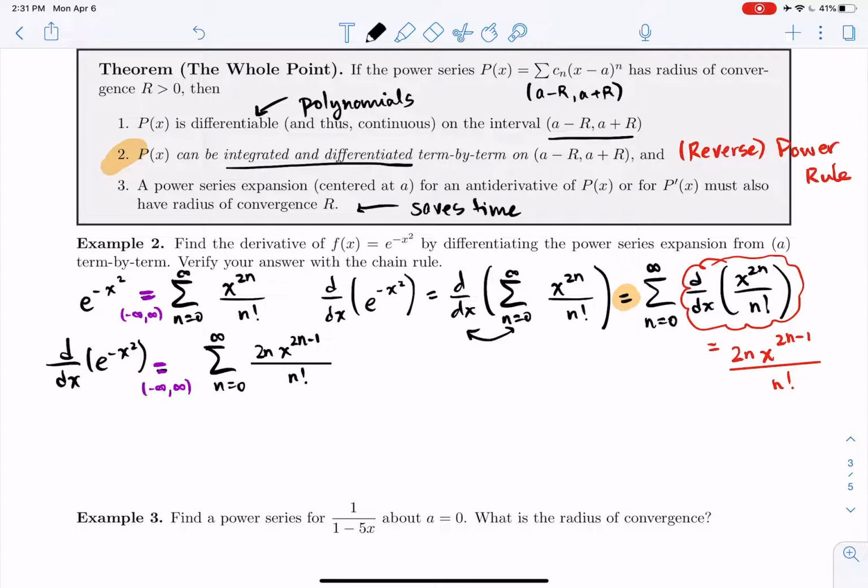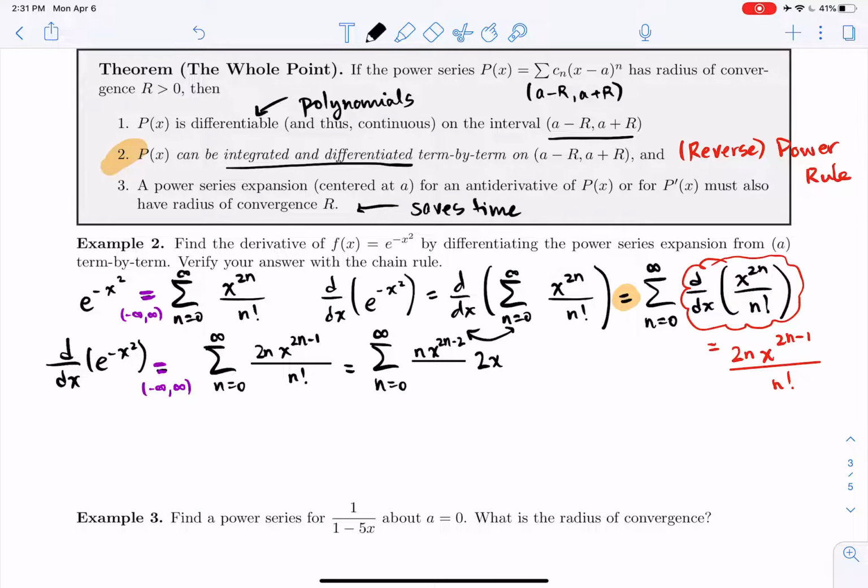Okay, and I'm going to clean this up ever so slightly just so that we have something more interesting. I'm going to write this as n equals 0 to infinity. I'm going to pull that 2 out to the back. And I'm also going to pull an x out. If I pull an x out, how many x's am I left with? Well, I've got an n and I've lost an x, right?